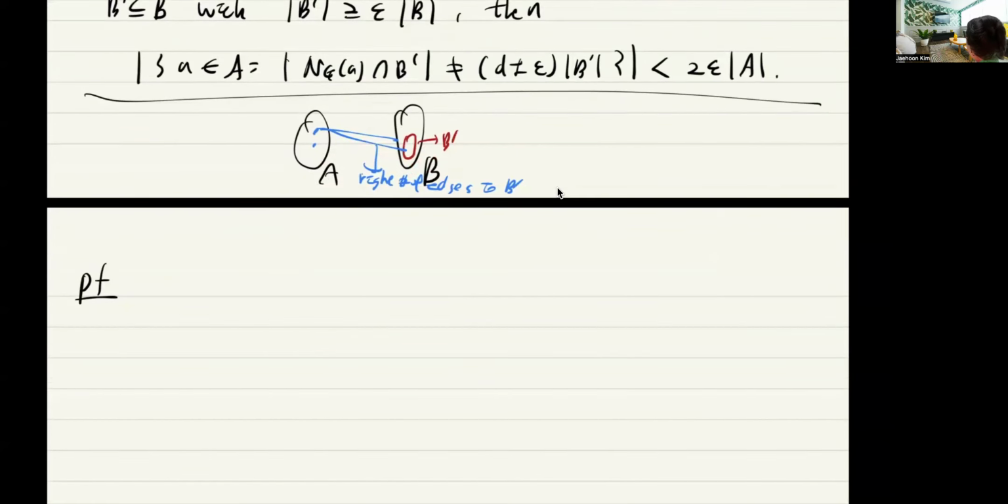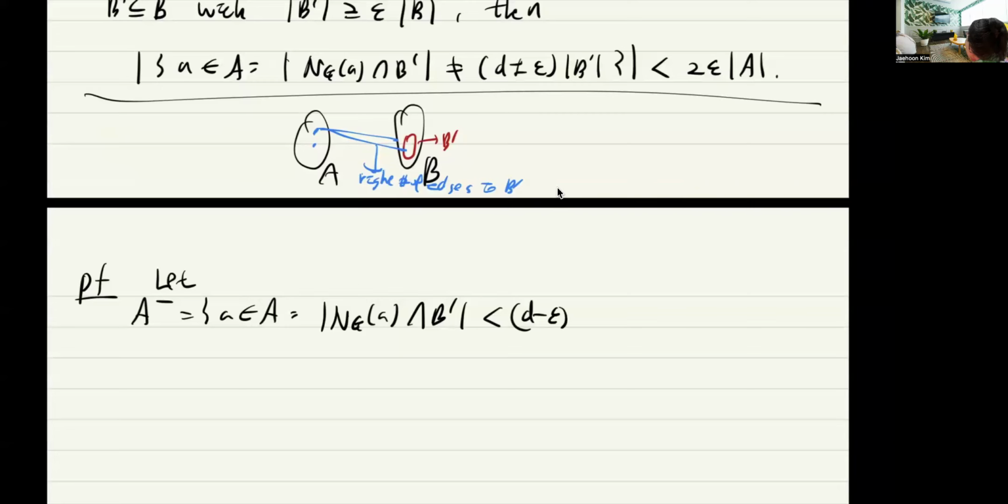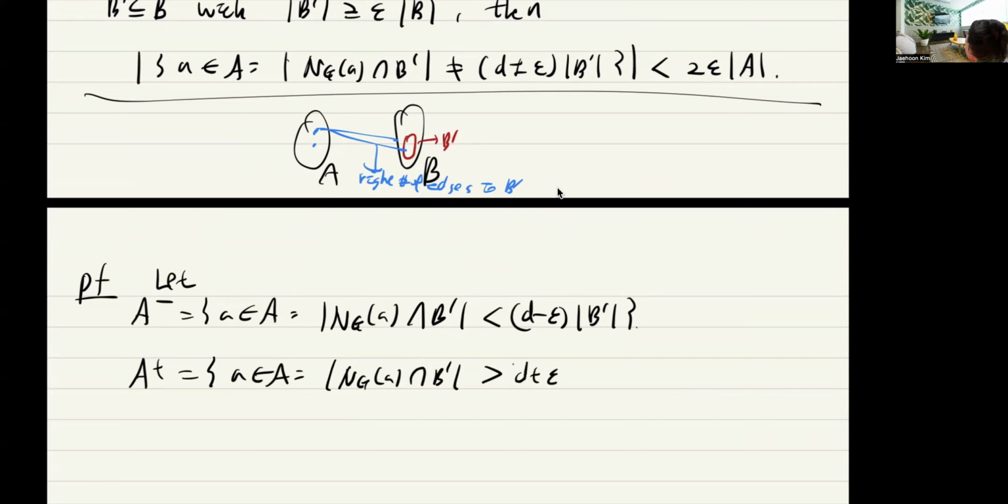So how do you prove this? Let's say A minus is the set of vertices which send too small a number of edges, and A plus is the set of vertices sending too many edges.